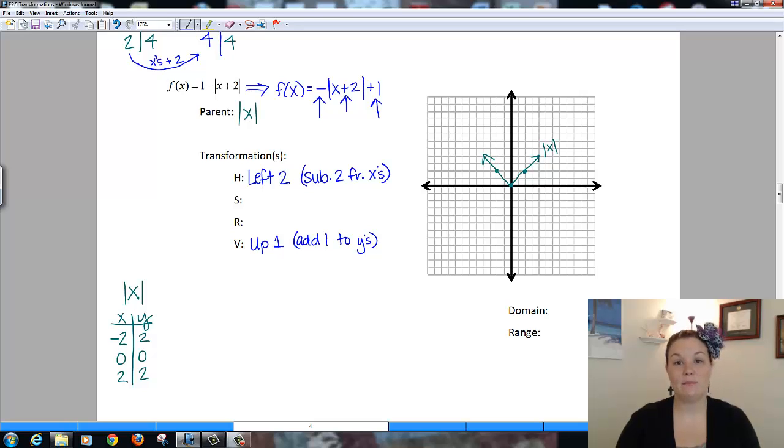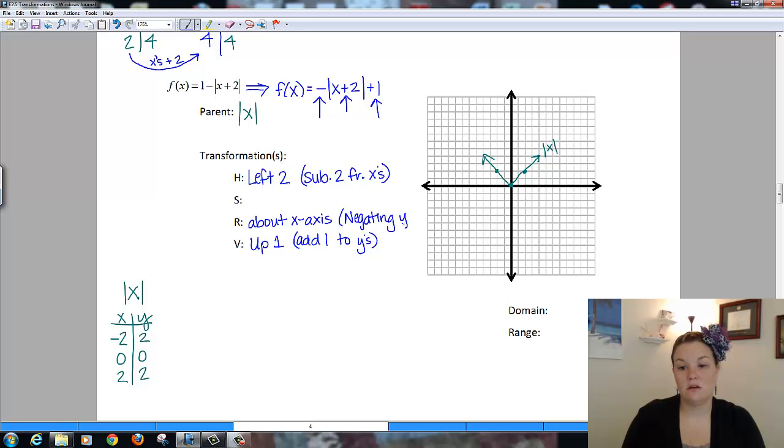When I negate my y's, it flips it across the x-axis. So I'm going to put this next to r because that's reflection. A reflection about the x-axis. And the way that we get that is by negating the y's. Okay. So now I have my 3 transformations.